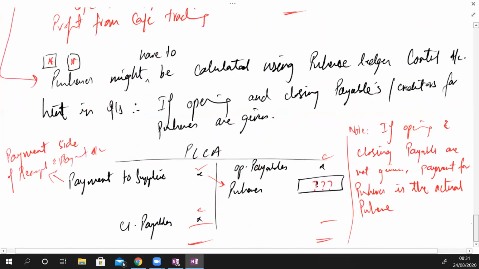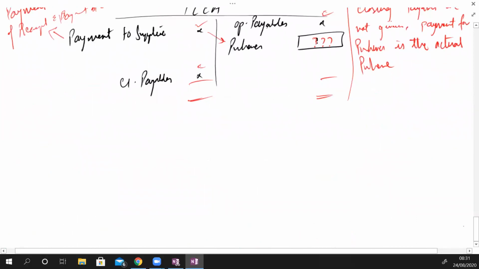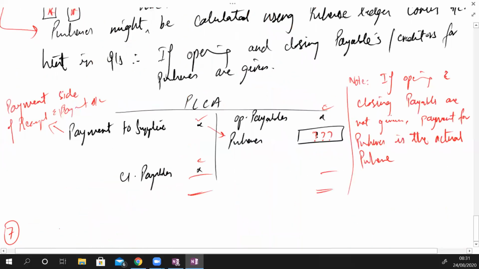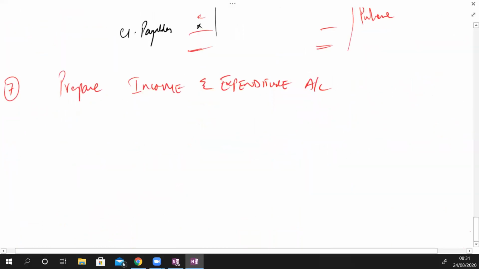Okay जी. Refreshment trading account के बाद number 7 is prepare income and expenditure account. Which is simple. ठीक है? List down all the income of a club.